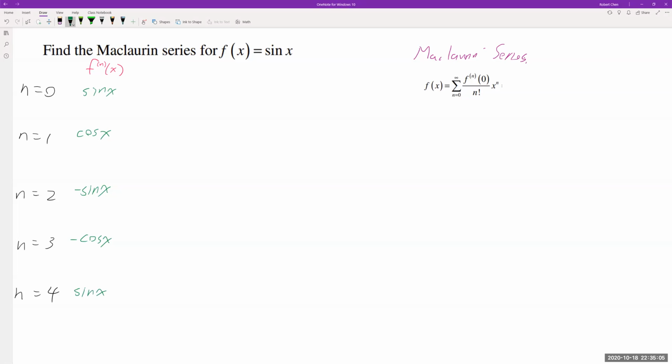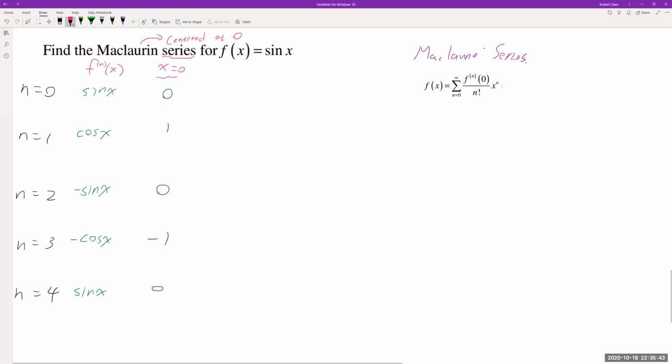Those are evaluated at x equal to 0, because we're looking at the Maclaurin series, which is centered at 0. So just plug in 0: sine 0 is 0, cosine 0 is 1, sine 0 is 0, negative cosine 0 is negative 1, sine 0 is 0.